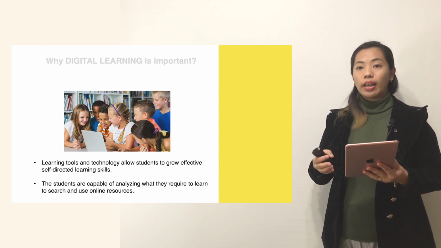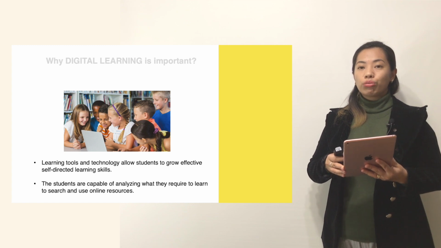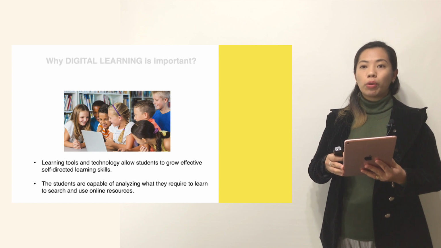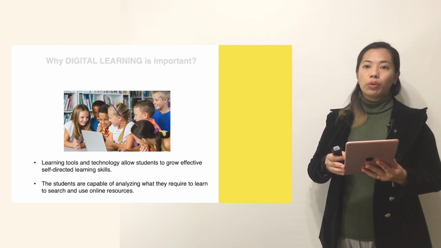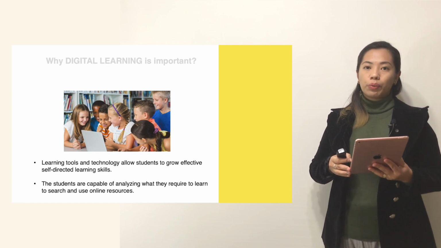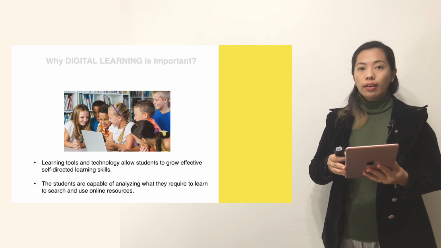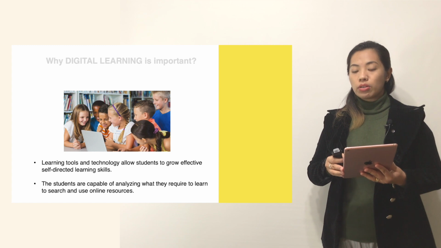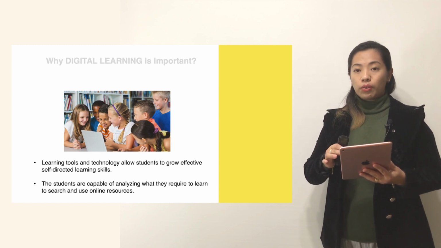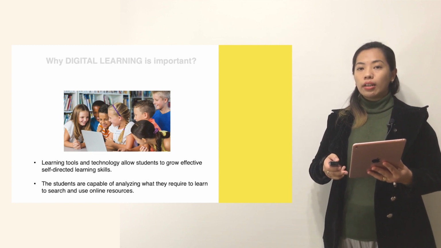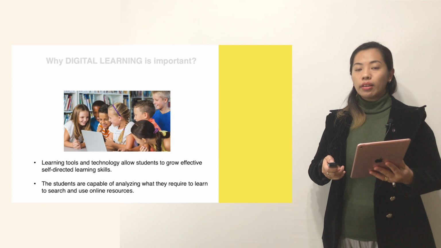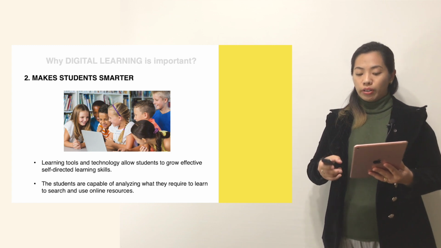Now, according to some researches, digital learning is helpful to sharpen critical thinking skills, which are the basis for the growth of systematic reasoning. Of course, again, with the proper guidance of the educators and the parents of the learners, right? Okay, so that's the reason why they said that digital learning can make the students smarter.